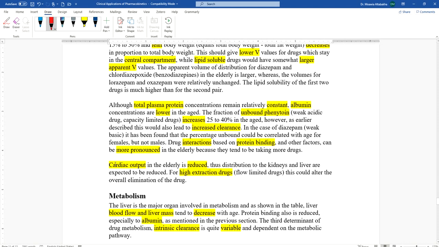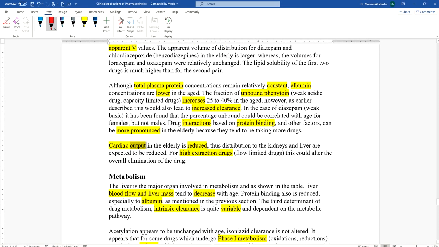We find their cardiac output is less, so flow-limited drugs, here you should go back to metabolism, are affected because they are related to blood flow. So for high extraction drugs, which are classified as flow limited, they will have an altered overall elimination. Go back to metabolism to find examples of such drugs. You will see propranolol and morphine, etc.